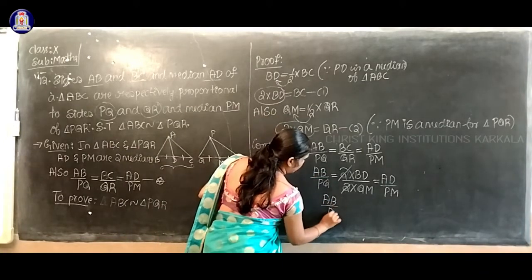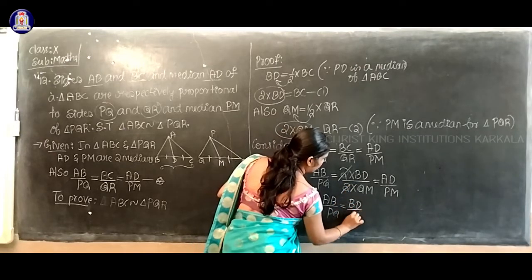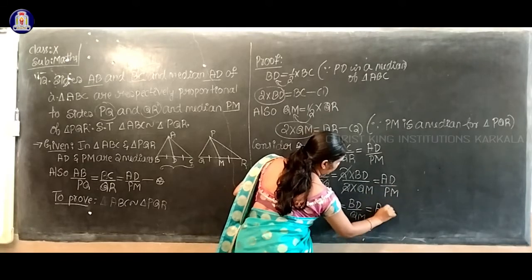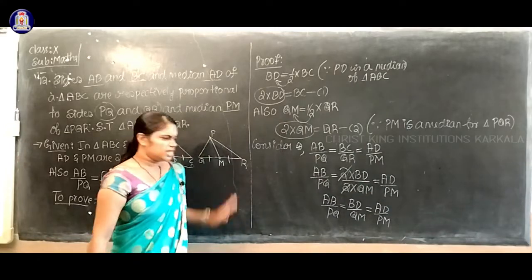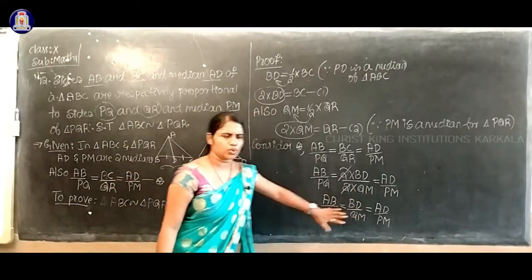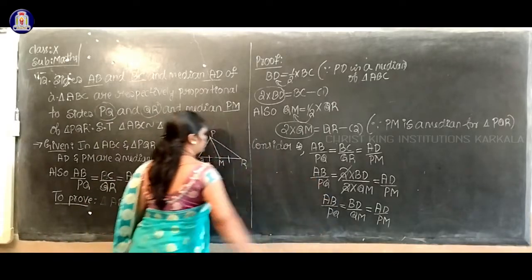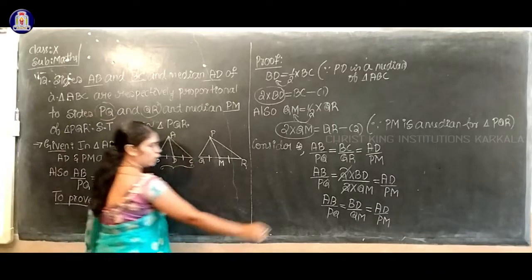AB by PQ equal to BD by QM equal to AD by PM. You just compare this ratio in your figure. AB by PQ, one ratio.